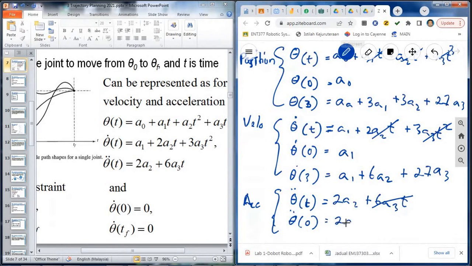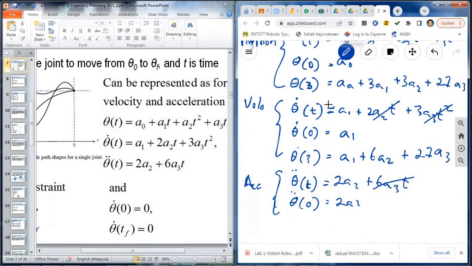So 2A2, and acceleration at time equal to 3 seconds, 2A2 plus 18A3.